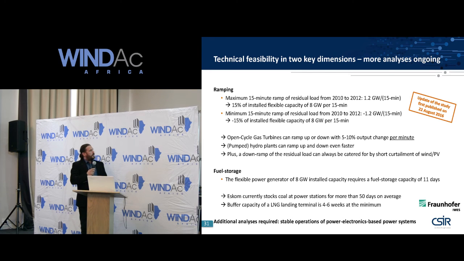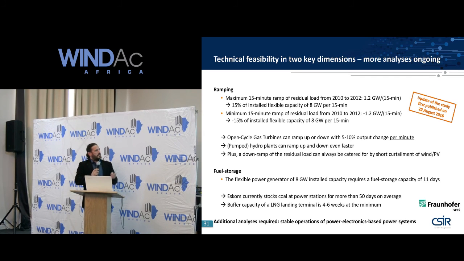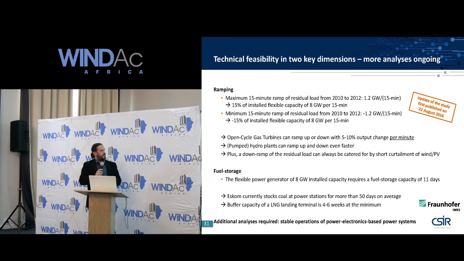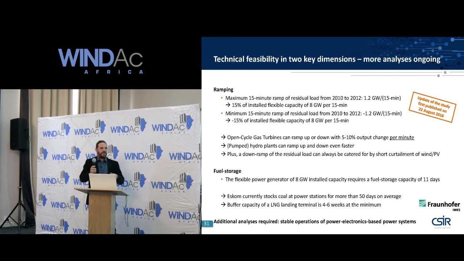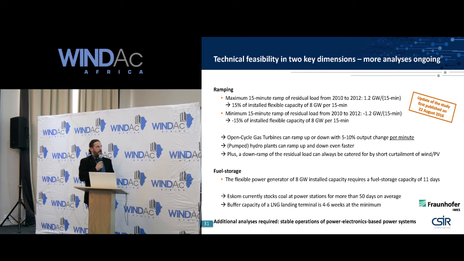So also regarding the ramp rates, it's technically possible to supply this with gas turbines, or even faster with pump hydro or storage technology in future. So it's technically feasible to supply the base load by a mix of fluctuating renewable energy sources and a flexible power generator.